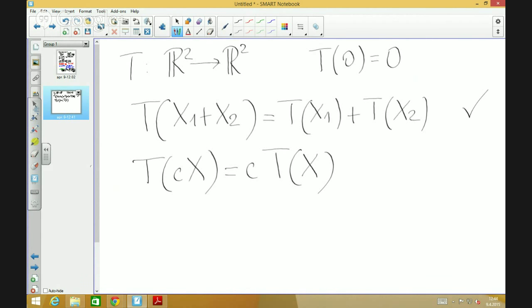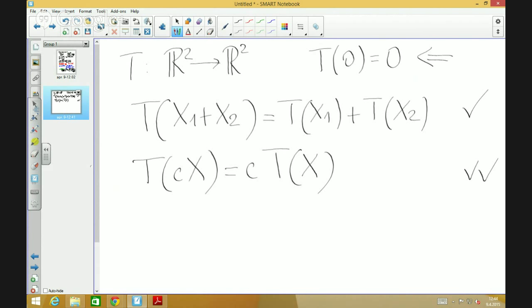So that's property number 2, 2 check marks. Of course, it is true that these two properties actually imply this one. So it is true, actually, that T of 0 must be 0. Otherwise, T is not linear.